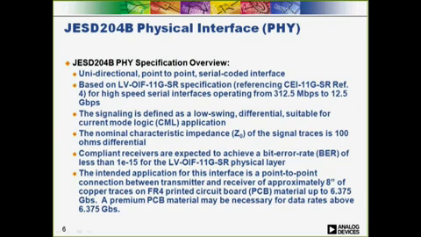The PHY specifications are derived from the LV-OIF11G specification for serial rates from 312.5 megabits per second to 12.5 gigabits per second. There's a low swing 100 ohm differential signal suitable for current mode logic. A bit error rate of 1 times 10 to the minus 15 is expected from a compliant receiver.